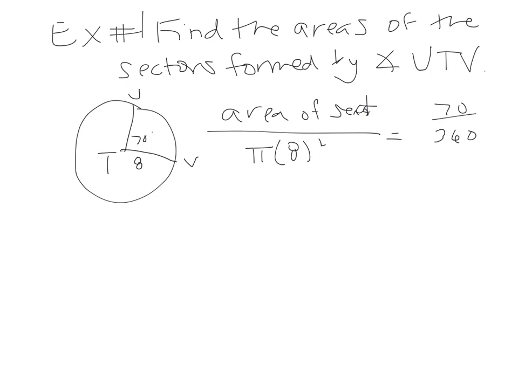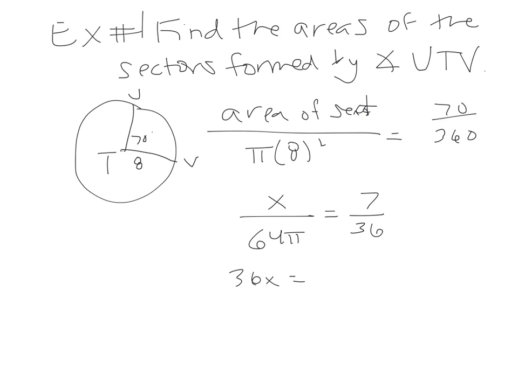So I'm going to simplify some things here. So instead of area of sector, I'm going to refer to it as x right now. Then I'm going to rewrite the denominator as 64 pi. And then I'm going to simplify 70 over 360 into 7 over 36. So now I'm going to cross multiply and get 36x equals 7 times 64 pi.